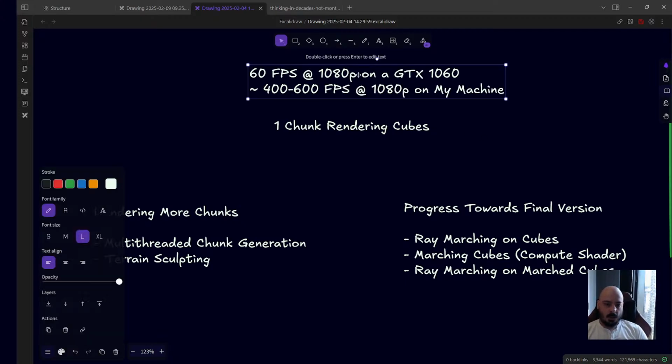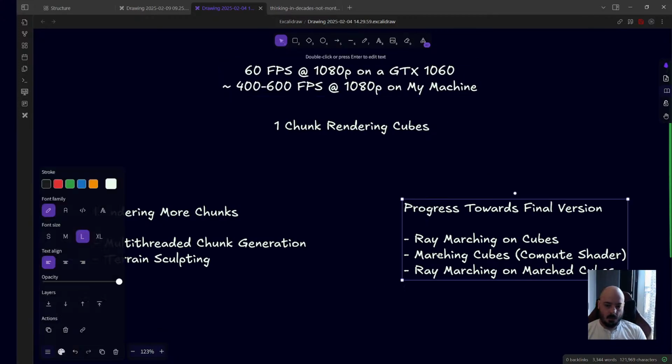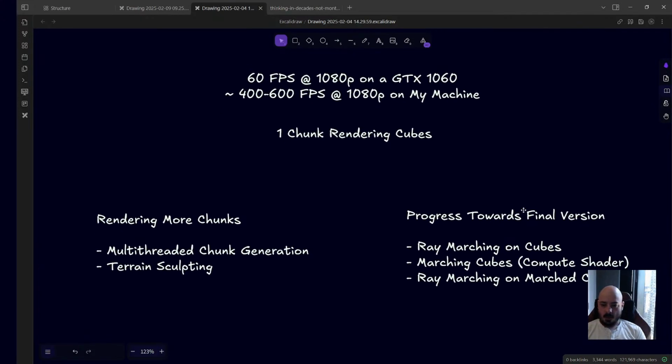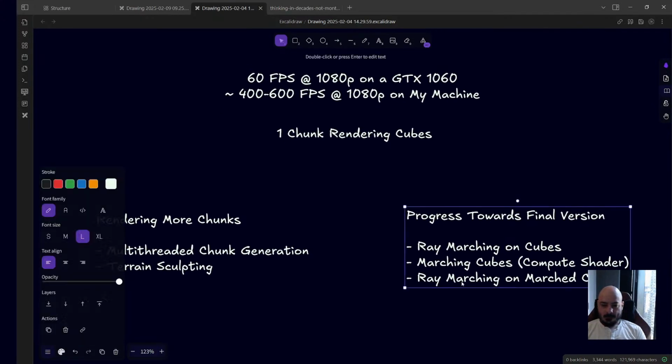Of course, I'll need to actually check it on a real 1060 at some point. But that's kind of the performance goal. So I want to get some cool new tech. Ray marching is not super new actually, but it's kind of recently that we can do it as well as we can on GPUs, I think. So yeah, I want to try at least some of this.